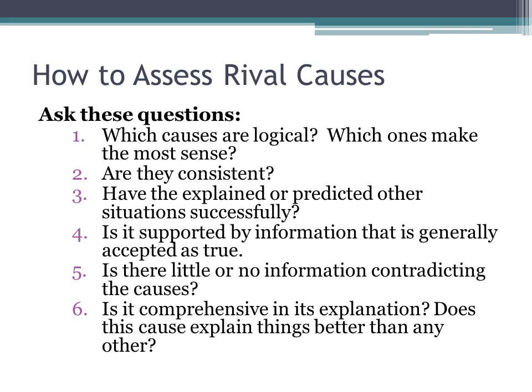Have they explained or predicted other situations successfully? Is it supported by information that is generally accepted as true? Is there little or no information contradicting the causes? Is it comprehensive in its explanation? Does this cause explain things better than any other?